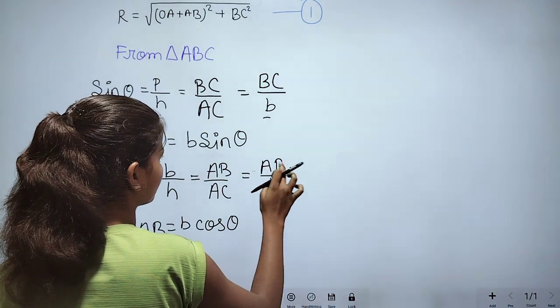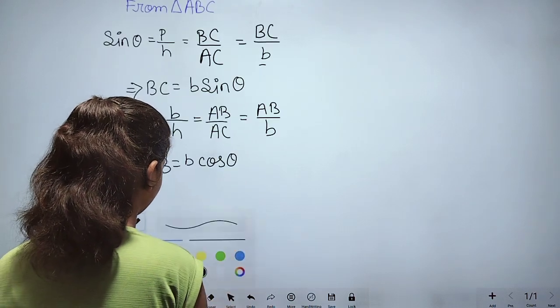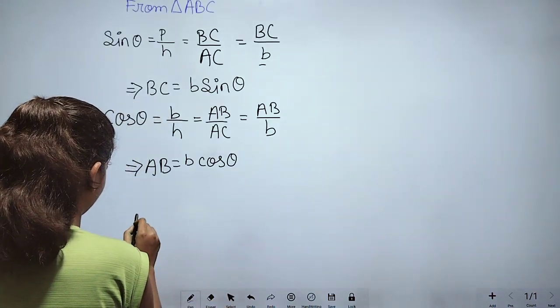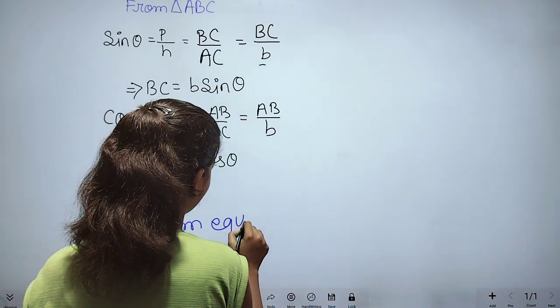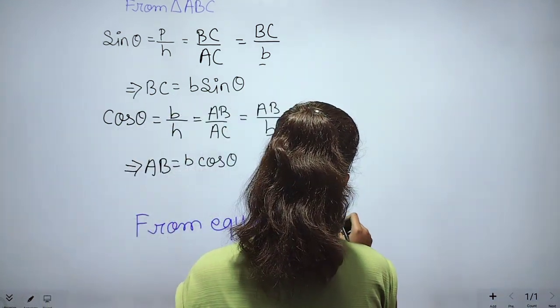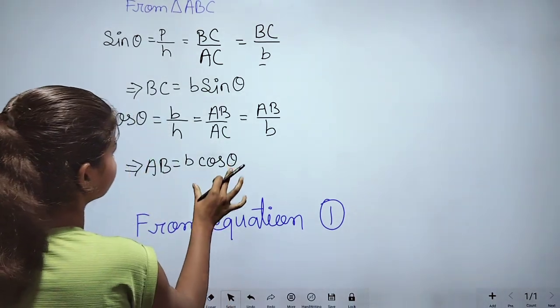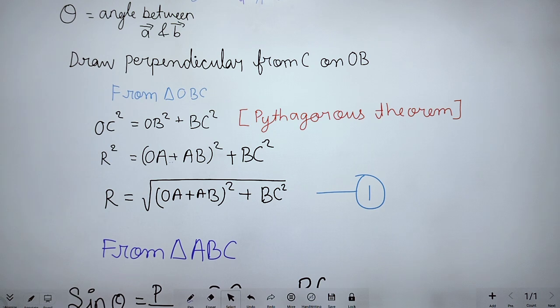And now from equation first, this one is our first equation, that R is equal to root under OA plus AB square plus BC square.